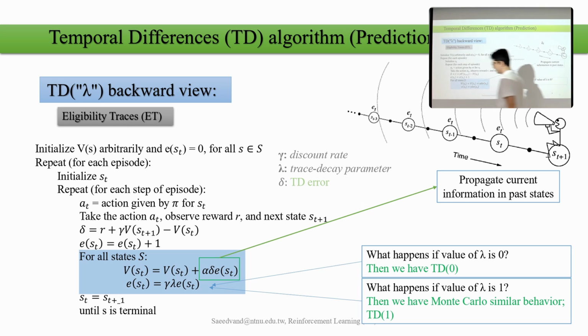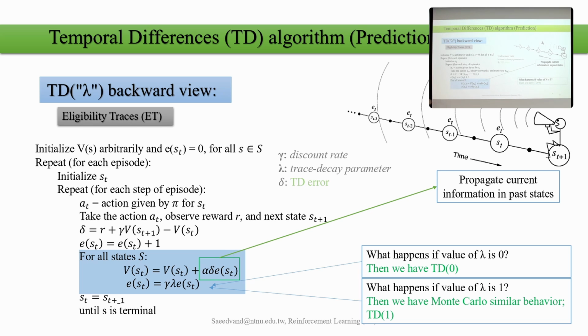After doing it, I have questions here for you. What happens if the value of lambda is 0? Then we have TD(0).